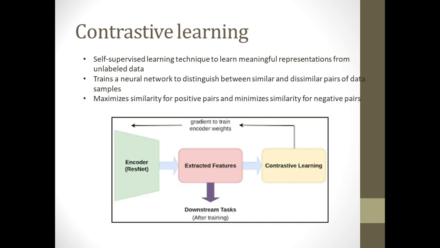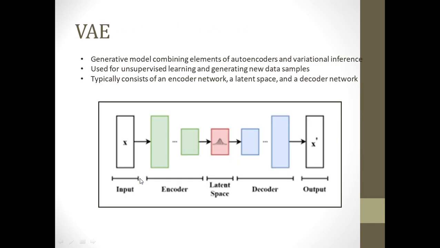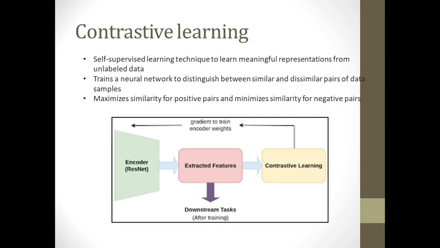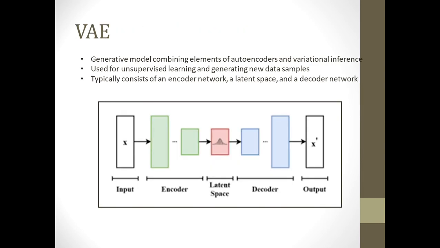Now, what is contrastive learning? Contrastive learning is self-supervised learning, in the sense that it learns by itself based on unlabeled data. We can say it is an extension of VA, but not exactly. We use an encoder here, but we won't use a decoder.